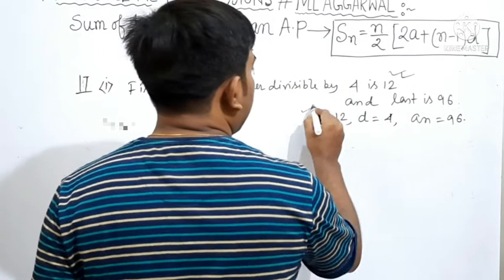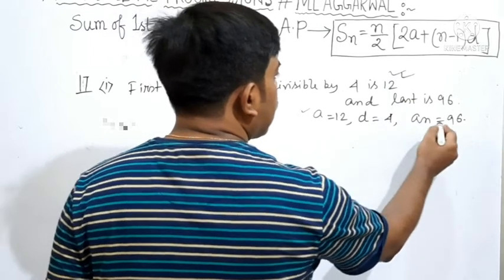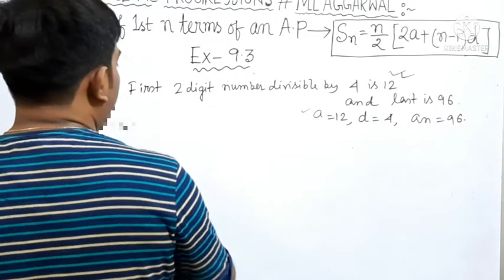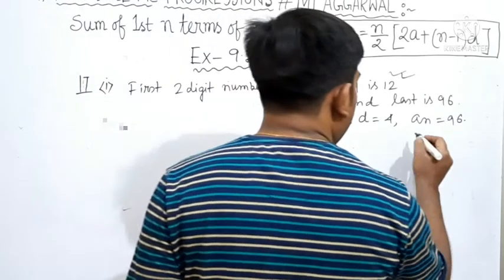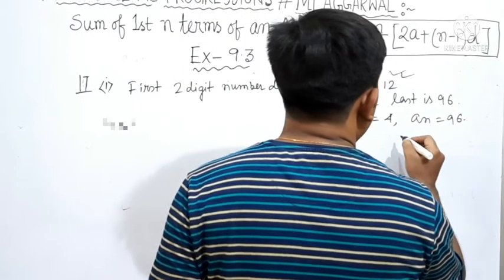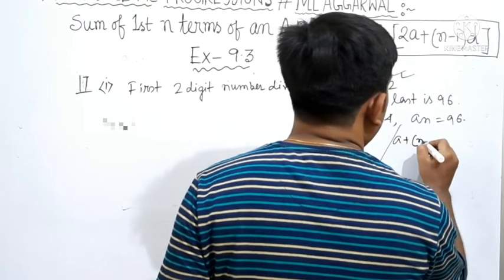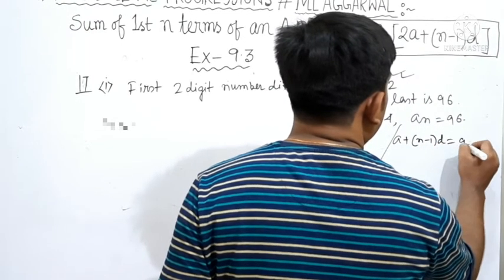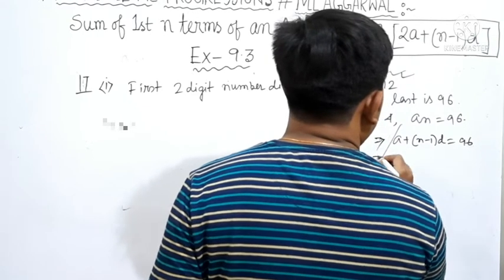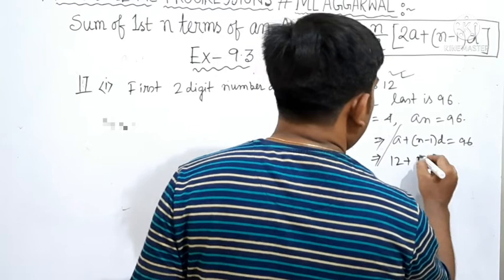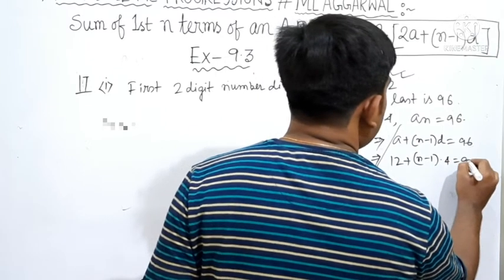Okay, so we get a, d. From here we will find out the value of n, and it is necessary to find out the value of the sum. So from this condition we will get a plus n minus 1 into d is equal to 96, implies 12 plus n minus 1 into d, d is equal to 4.